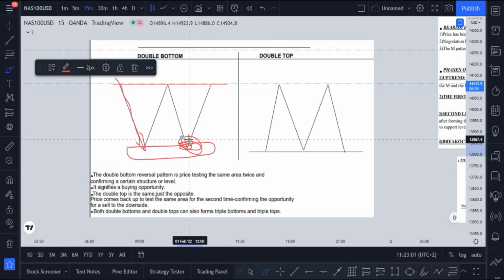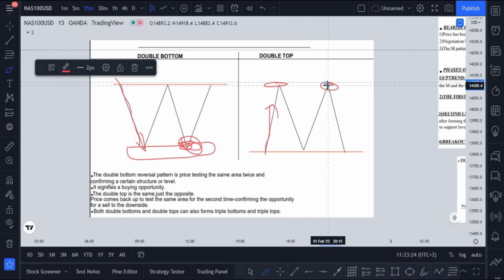Now, oppositely, we have the double top, which is the opposite of the W formation. As you can see, the market was coming from the bull side, pushing to the upside, and then hits this level. When the market comes back to test the same level for the second time, it is confirming that we are looking for potential sells here. We're looking for the market to move to the downside from this point.